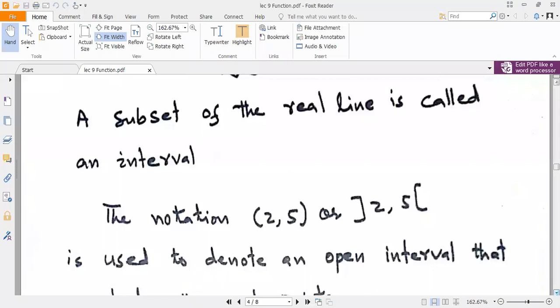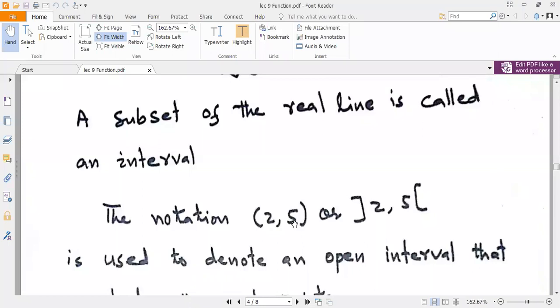Usually we use open interval, closed interval, half open, half closed interval. Now the notation: (2, 5) is used to denote the open interval. Open interval means small parenthesis. Here the ending points are not included.